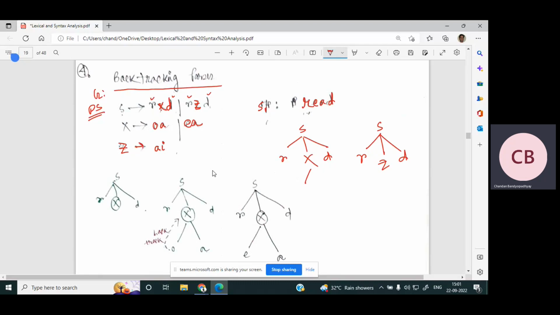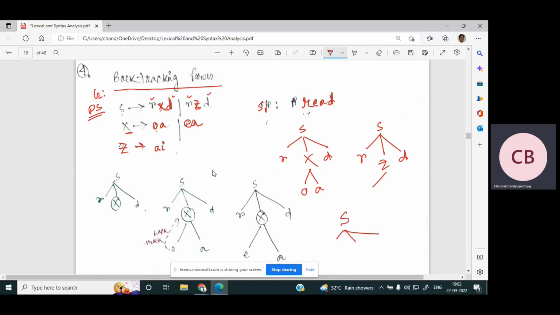Now X can be expanded to either OA or EA. Sorry, here I have made a mistake. X can be expanded to either OA or EA. So OA is a possibility, or EA is another possibility.